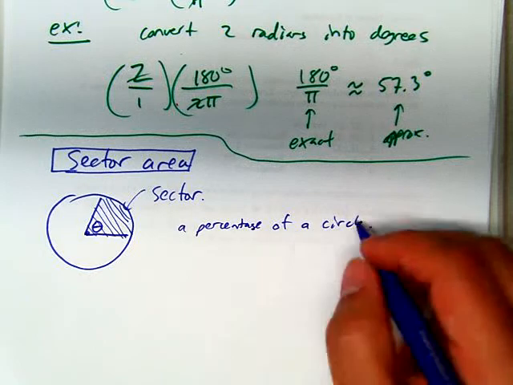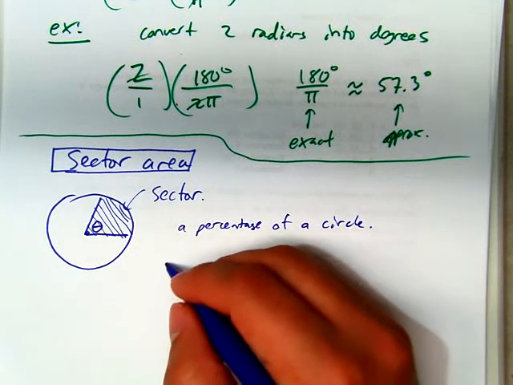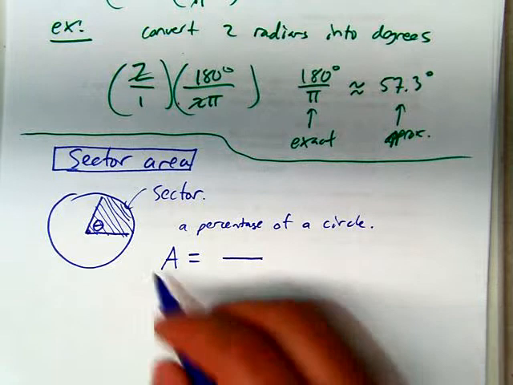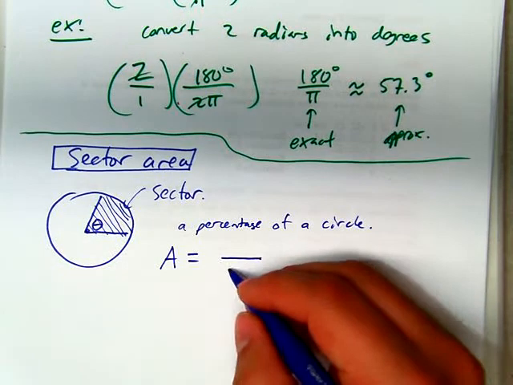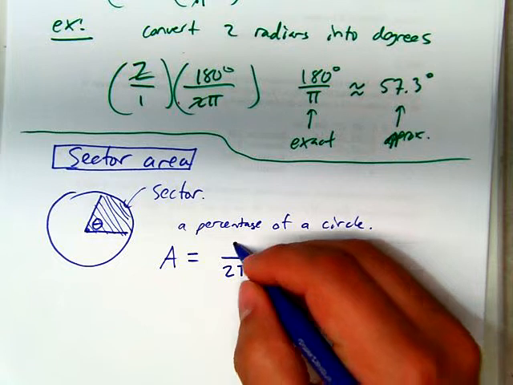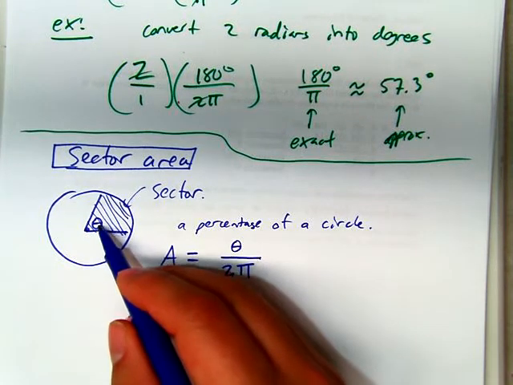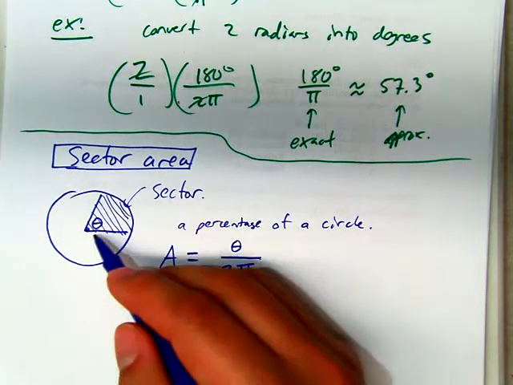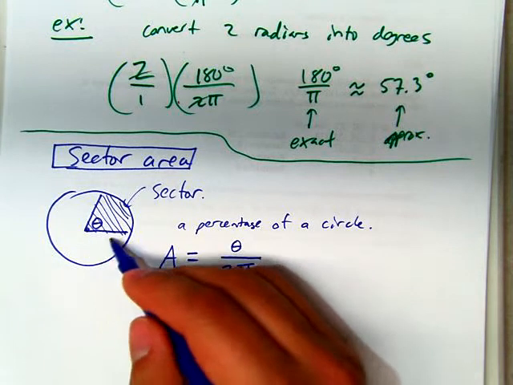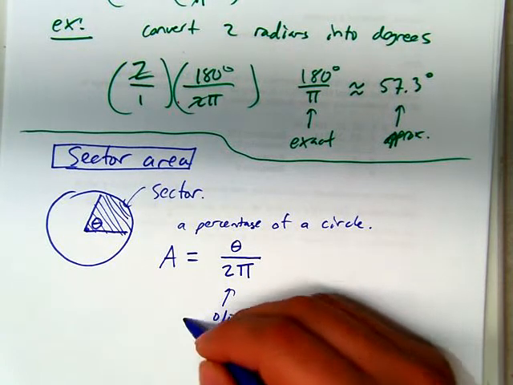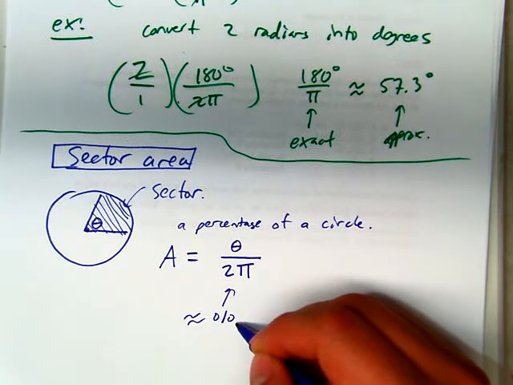Okay, so one way to think about it is to do this. In a circle, there's 2 pi radians, and if I take theta, so if I take this angle, which is a certain percentage of 360, or of the 2 pi radians, divide it by 2 pi, this is kind of like the percent of the circle.